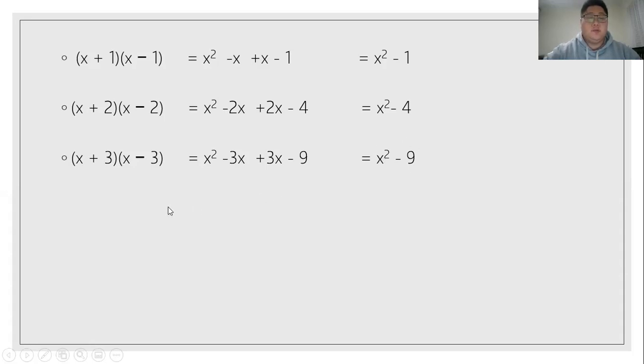And here you go. Last one, instead of 3, it is 4. You'll understand why in a minute. x times x is x squared. x times negative 4 is negative 4x. 4 times x is 4x. And 4 times negative 4 is negative 16. Collecting like terms, minus 4x plus 4x is 0. So left with x squared minus 16.